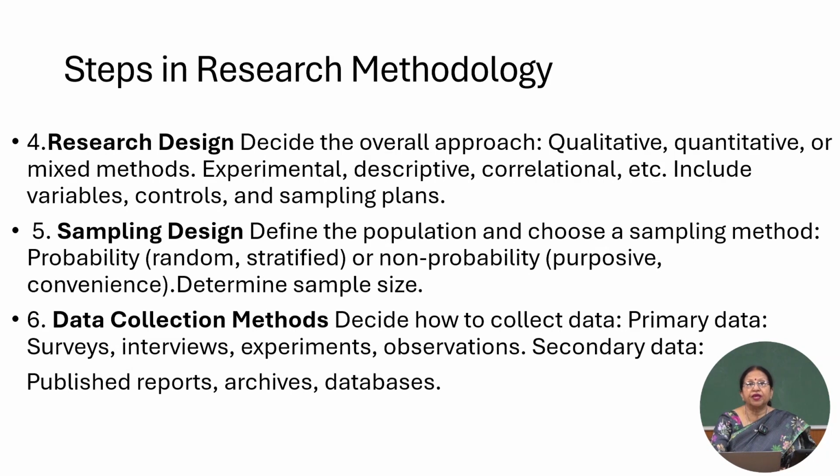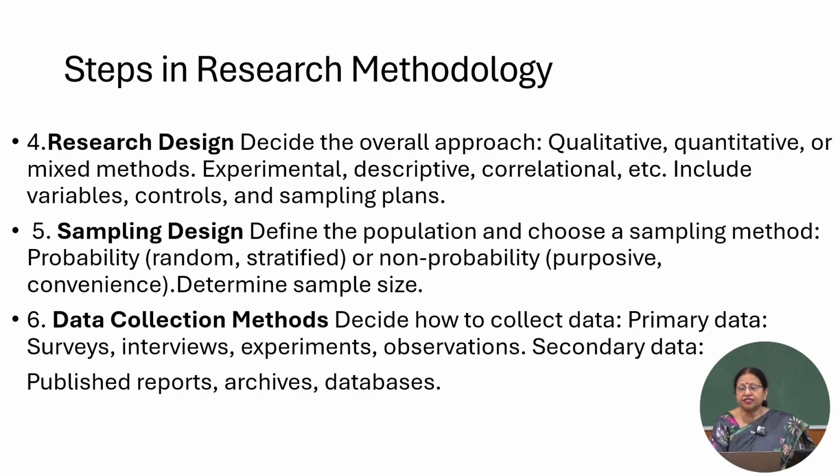Fourth step is to make a research design. Decide the overall approach, qualitative, quantitative or mixed methods, experimental, descriptive, correlational, etc. Include variables, control and sampling plans. That means an entire framework of what all you wish to do during your research tenure, that should be written down.